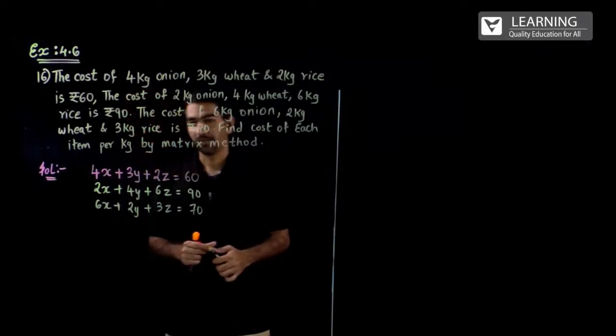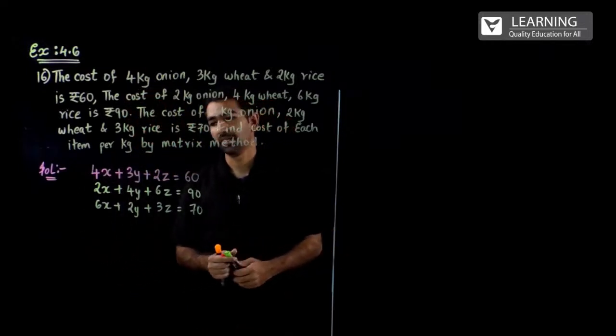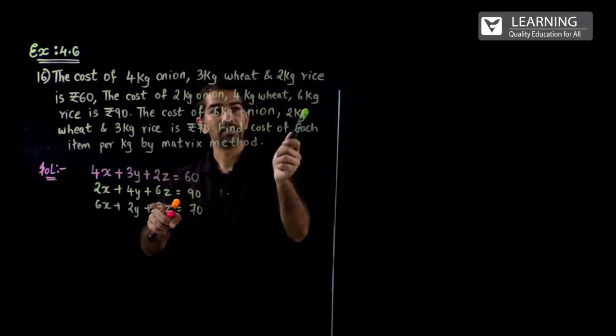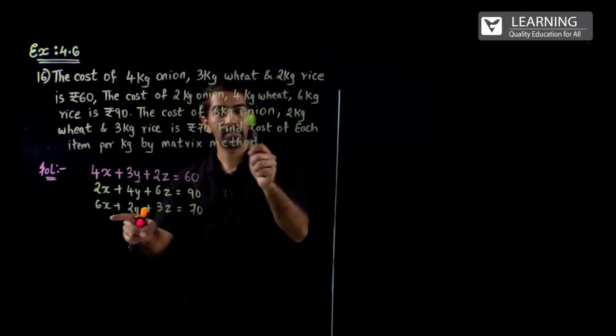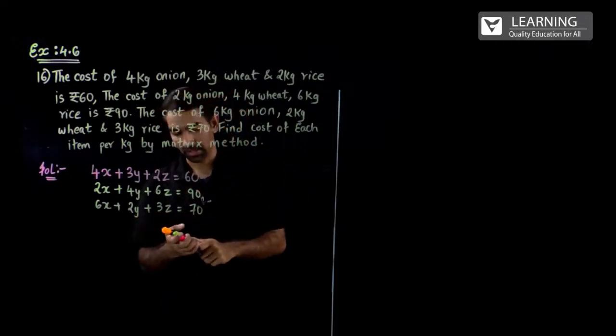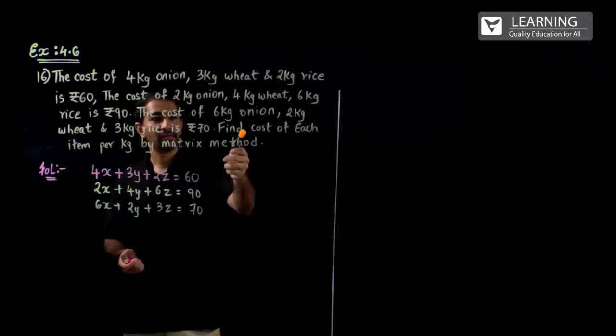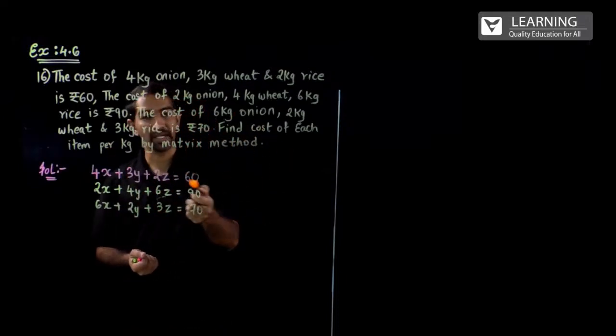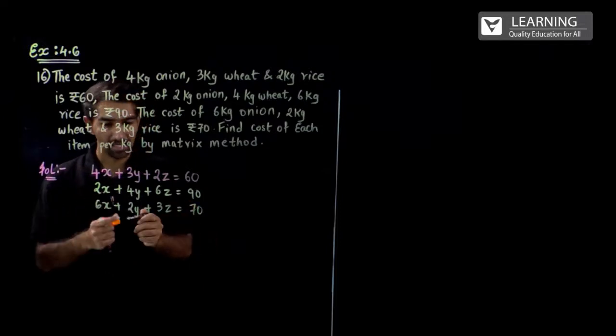Correct? 4X plus 3Y plus 2Z, 2X plus 4Y plus 6Z and 6X plus 2Y plus 3Z. So we got the equations. We have to find the cost of each item per kg, which means basically we have to find out what X, Y and Z are.